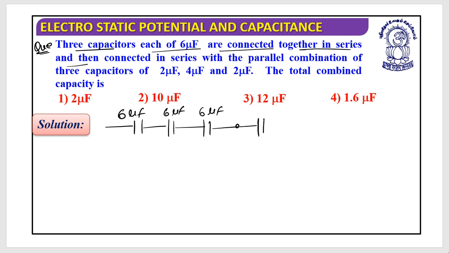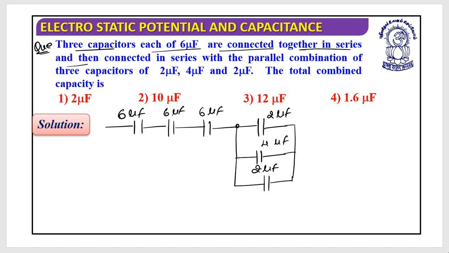That means they want to say something like this. It's a 2 microfarad, it's a 4 microfarad, and again it's a 2 microfarad. Then the total combined capacity, let's say this is A and this is B.